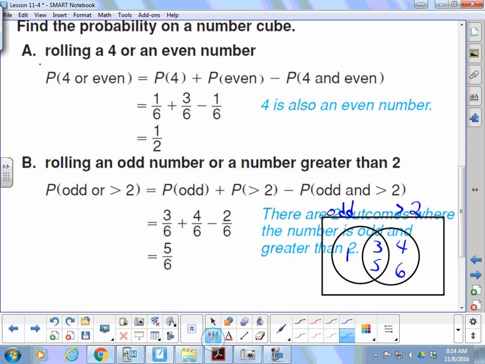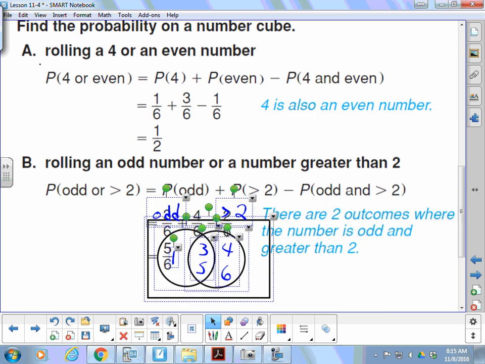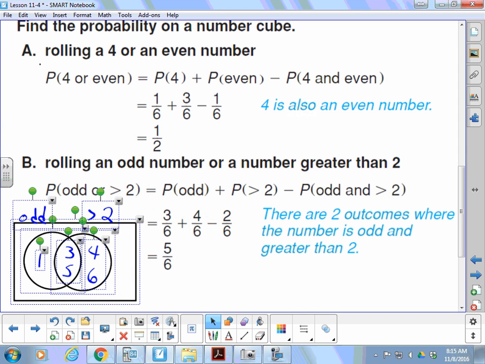The reason we've got to subtract something is that if I add these two together, I get a number larger than 1. And when it comes to probabilities, you can't have a number larger than 1. You could have 100% of the time it could happen, but that's exactly 1. You can never have anything greater than 1. So you could make a Venn diagram to help you with these situations.